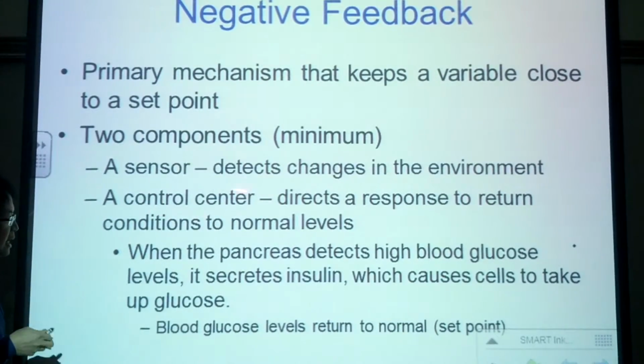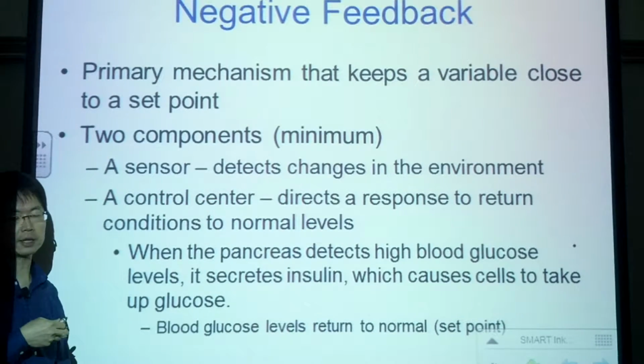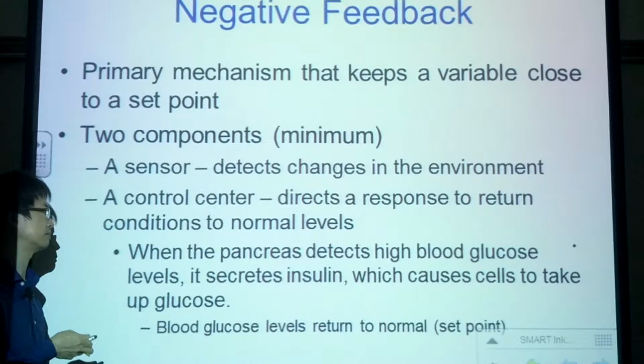And now the control center. Usually the control center is our brain, our central nervous system.